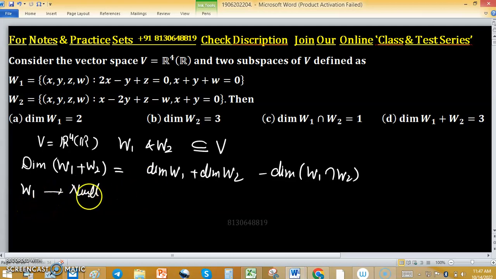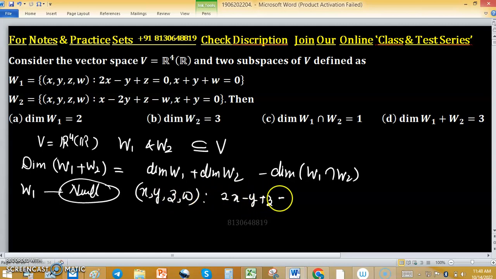It looks like a null space. An element (x, y, z, w) belongs to W1 if 2x minus y plus z equals 0, and the second condition is x plus y plus w equals 0.